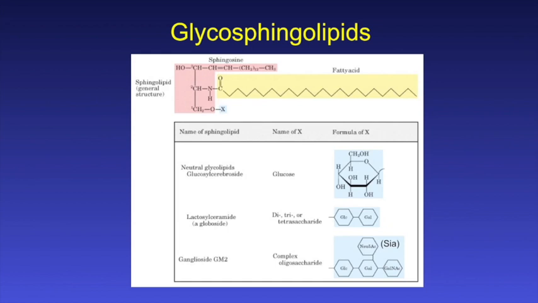And so if you just put glucose on one where the X is up there, it's a specific glucosyl cerebroside. Okay? If you put a di or tri or just a few sugars on there, it becomes a globoside. And then if you have a branched sugar or multiple sugars that have charges, it's more complex.